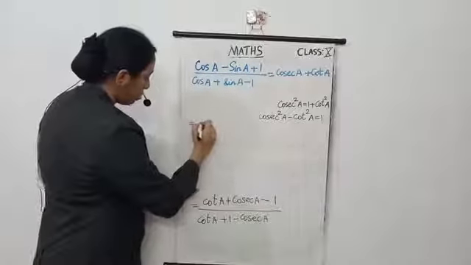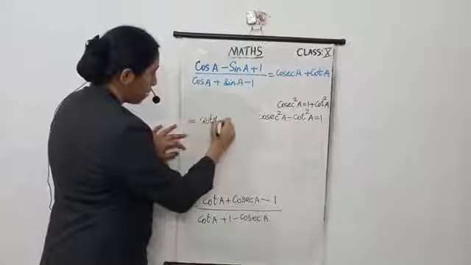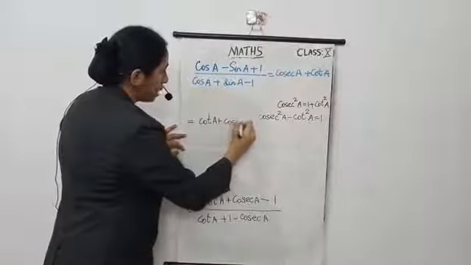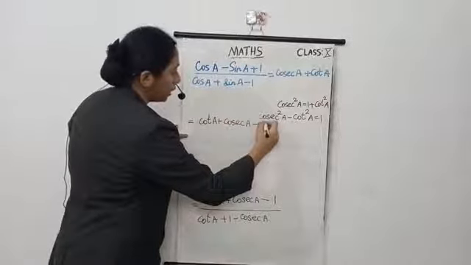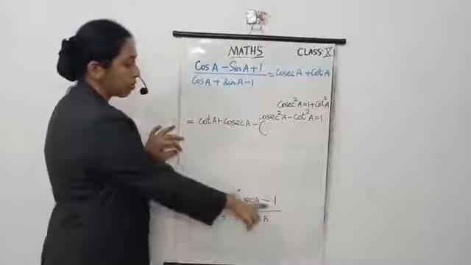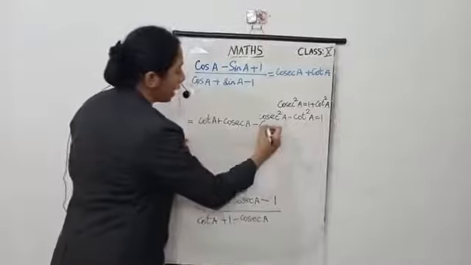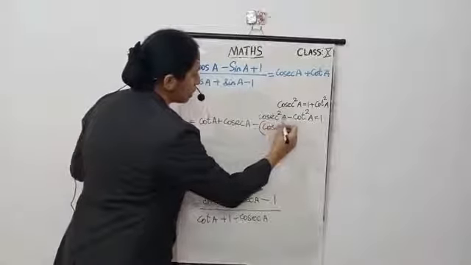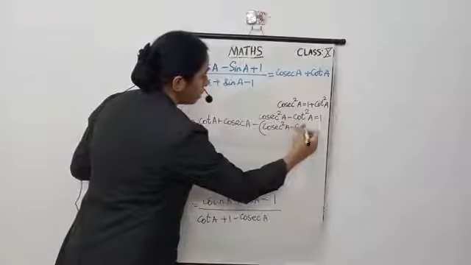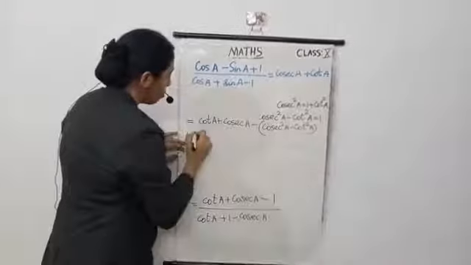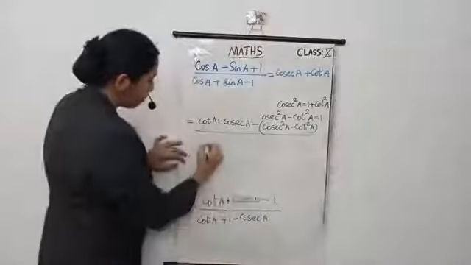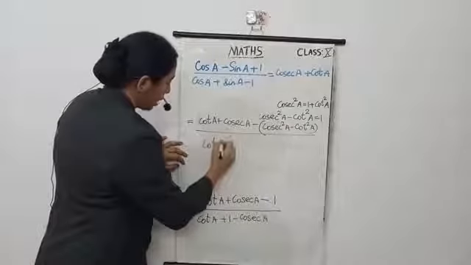So this is equal to cot A plus cosec A minus, in bracket, because here is minus, in bracket cosec² A minus cot² A, all divided by the same denominator cot A plus 1 minus cosec A.